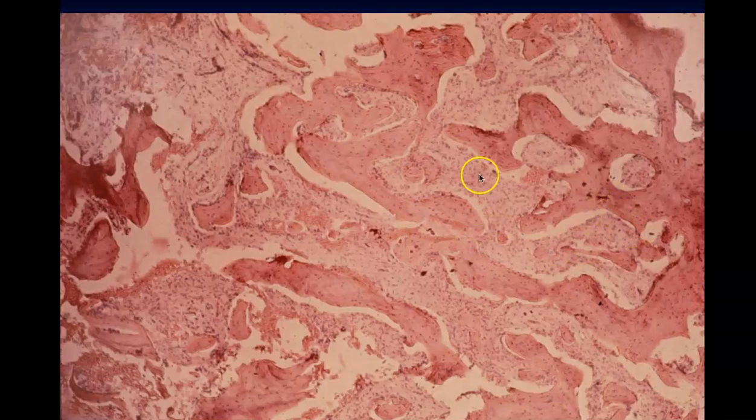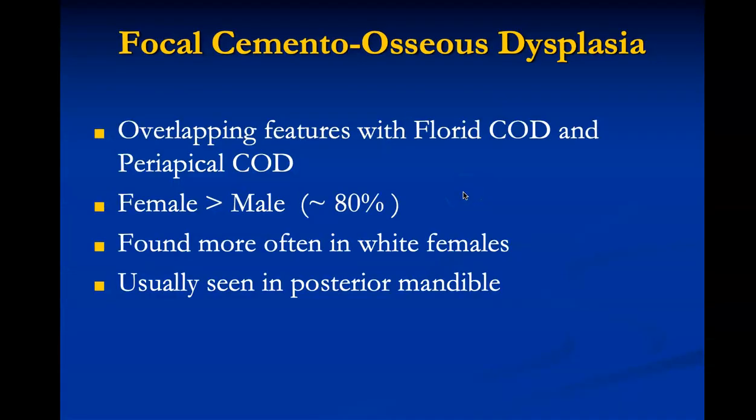Again, fibrous connective tissue, and you can see why we need the radiographic findings, because as we go through all of these, they look very similar. You need to see the radiograph in order to be able to make the identification. So focal cemento-osseous dysplasia has overlapping features with florid and periapical. One difference is that this is found a little more frequently in white females than the periapical or the florid.